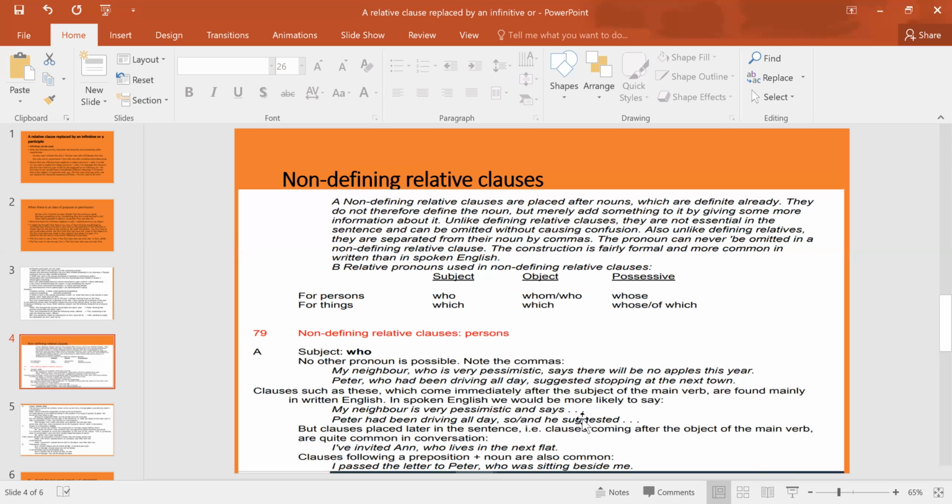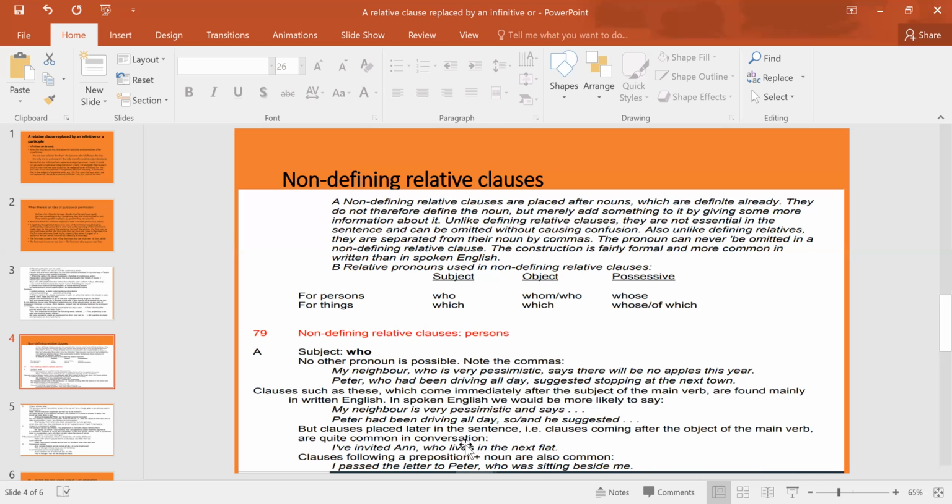In spoken English, we would be more likely to say, for example, my neighbor is very pessimistic and says. So here this is a formal structure and this is an informal structure, and this structure is used in spoken English, whereas this structure is used in written English.